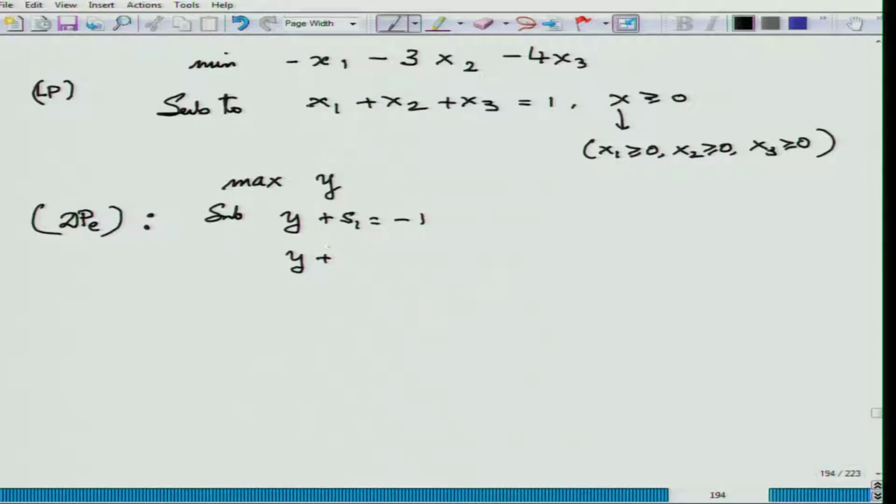Here what is my A? A is just 1 1 1, and you have x1 x2 x3. So, it is basically the vector 1 1 1, a 1 cross 3 matrix. So, A transpose is 3 cross 1, it is the column matrix 1 1 1.